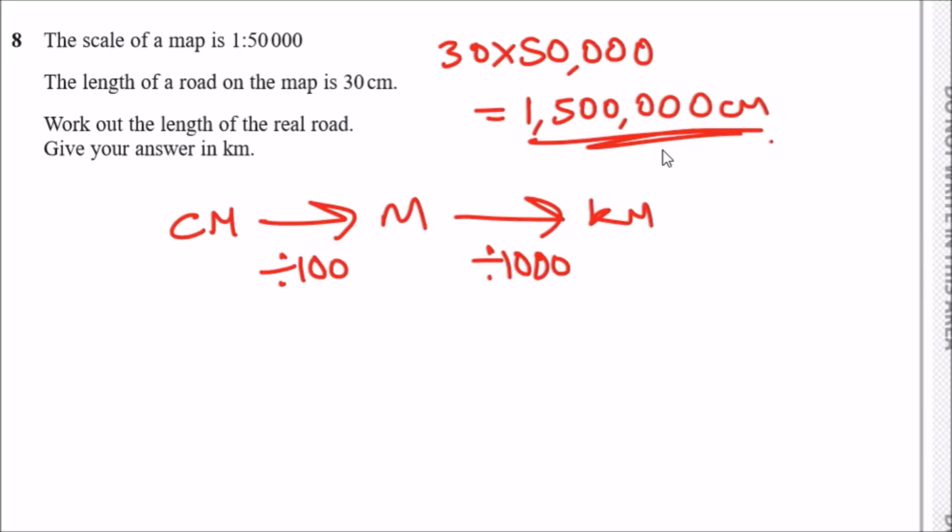So just divide it by 100 first, then divide the answer by 1,000, and you should get 15 kilometers. So the actual answer is 15 kilometers, and yes, that is 1.5 million centimeters.